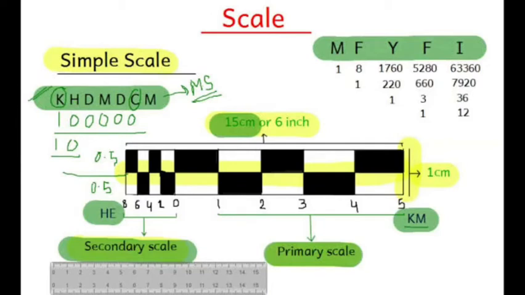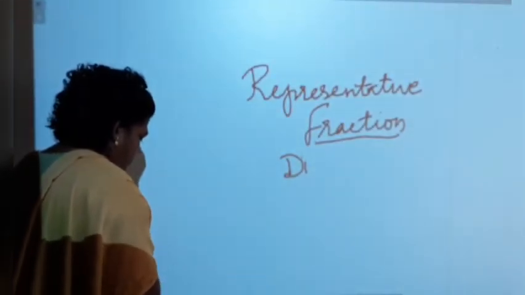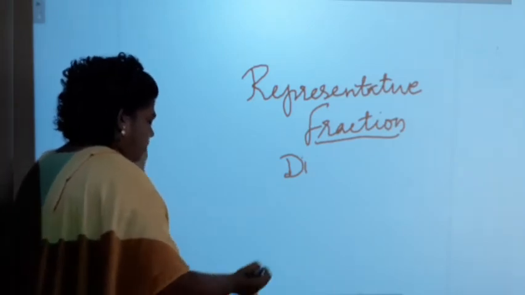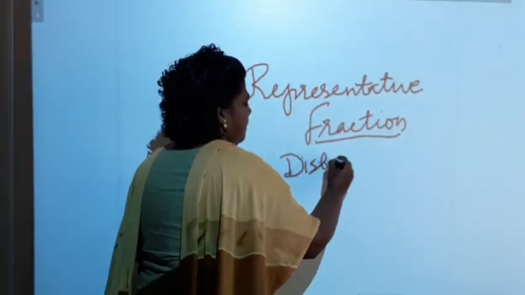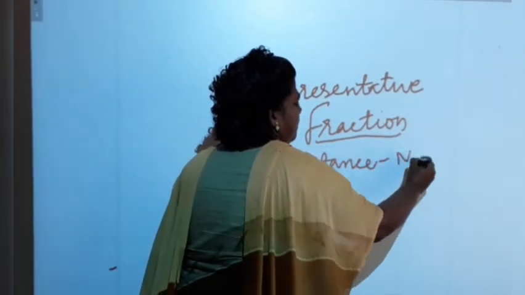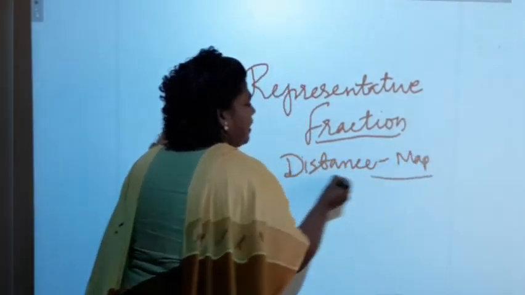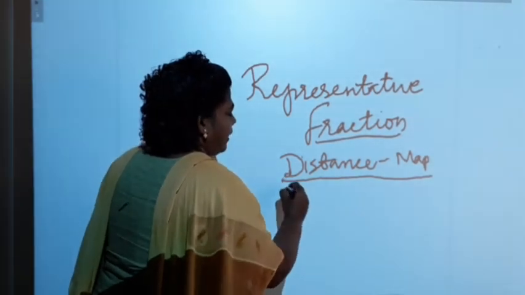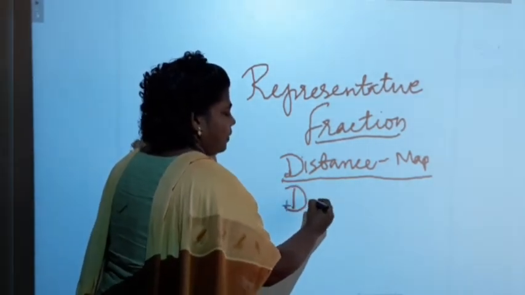For example, the distance on the map divided by the actual distance on the ground.